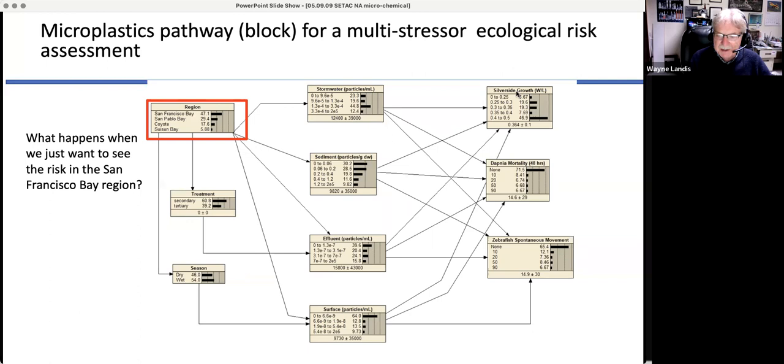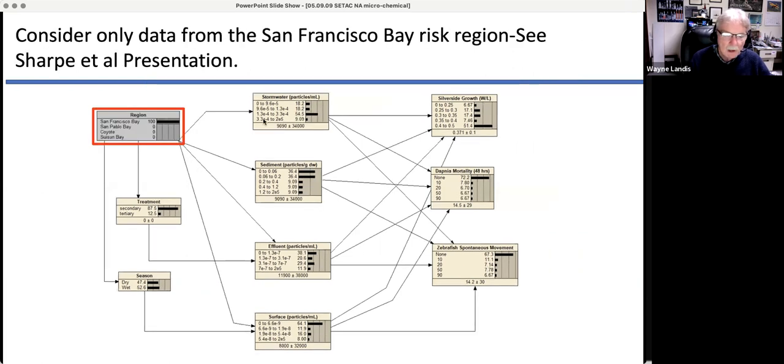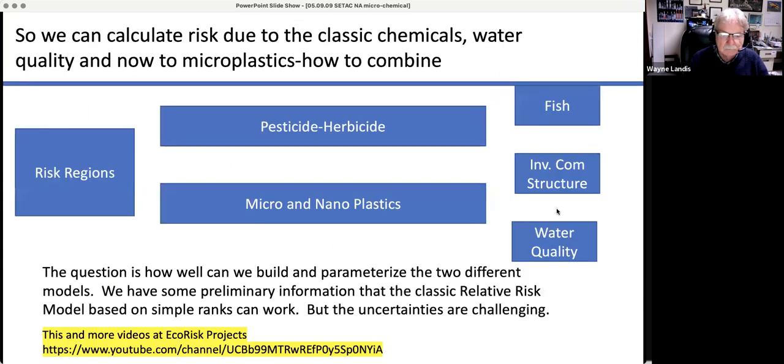And in this case, it's the silversides that apparently are at more risk than the other 2 endpoints. You can actually just put San Francisco Bay, that particular part of the San Francisco Bay region study area, and you can generate very specific estimates, not just the entire area.